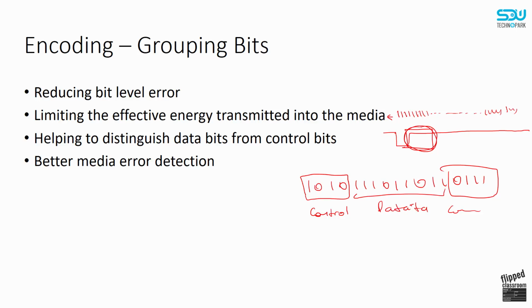So in case you have encoding, your device distinguishes the control bits from the data bits, and due to this distinction, the receiving device will better understand the situation with the bits.